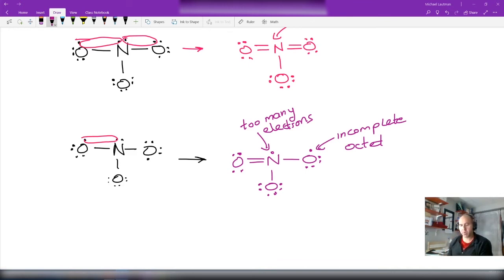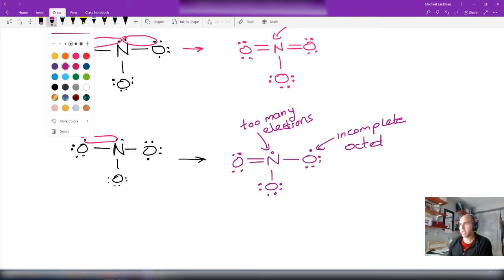And so if that means that this electron here ends up somewhere else in our molecule, that's fine, right? So basically what we can imagine is that this electron here, again, unpaired electrons are highly reactive, and they tend not to stay that way.